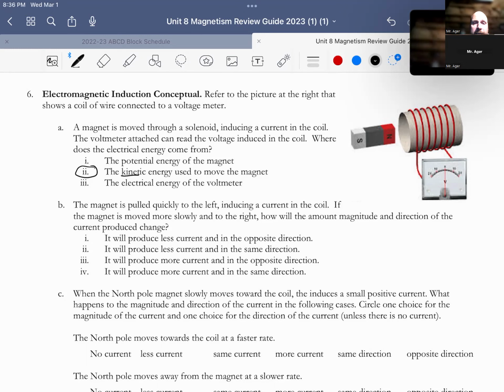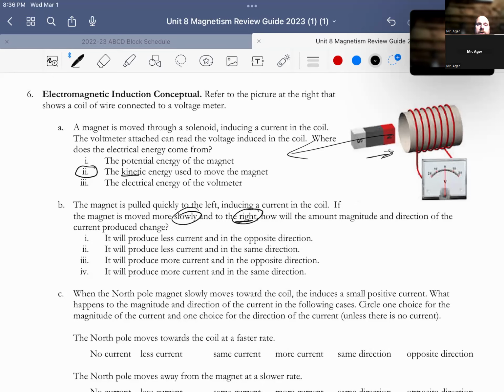The magnet is pulled quickly to the left. So the magnet is moving quickly to the left, right, inducing a current. So that north is moving away and that induces a current. If you move it more slowly and then to the right, so then we're going back to the right here, how will it change? So we're going slower and in the opposite direction.